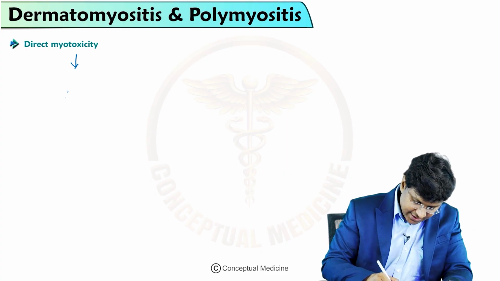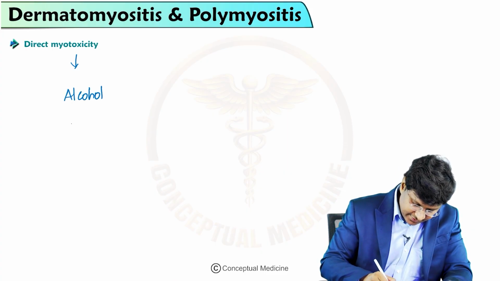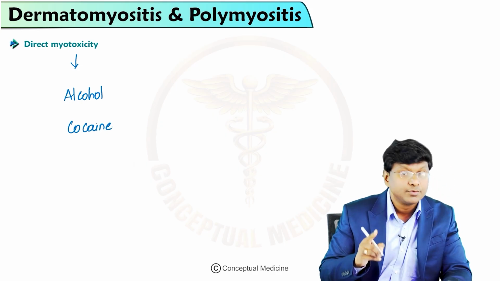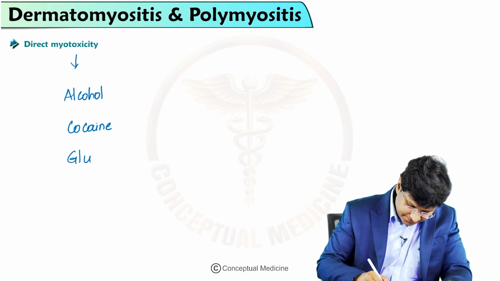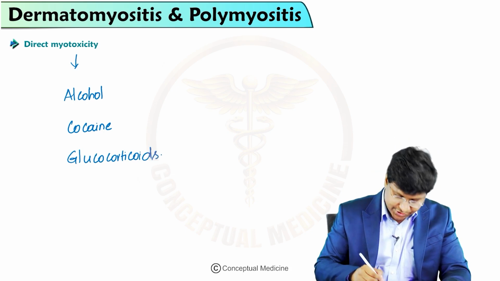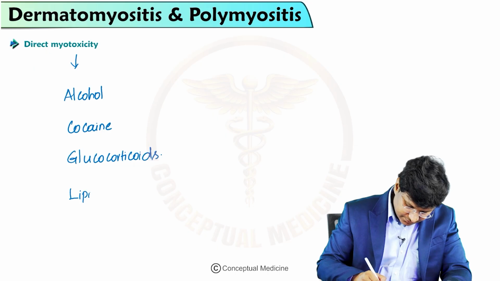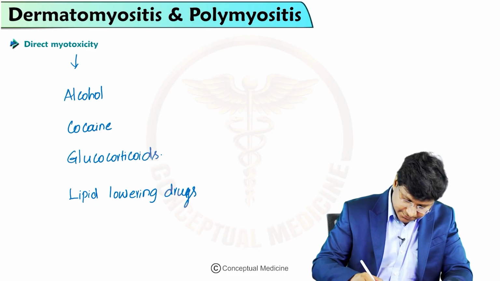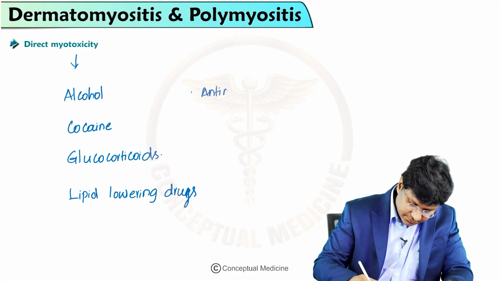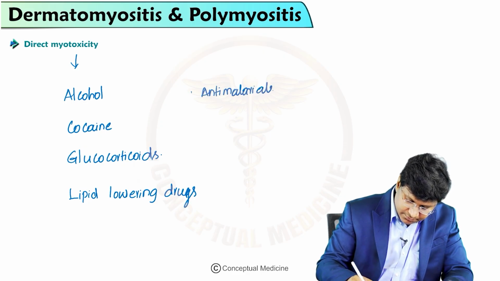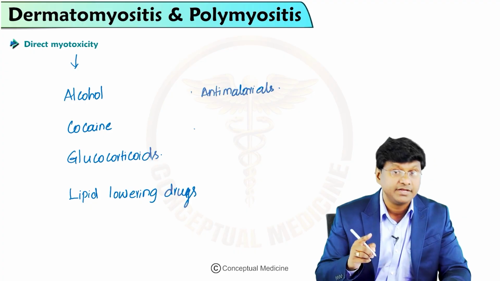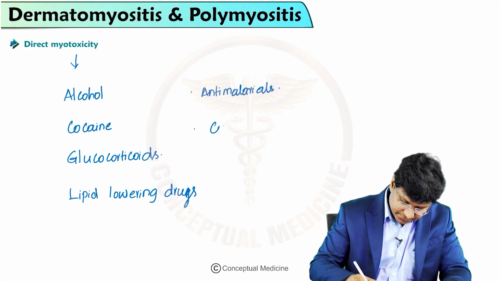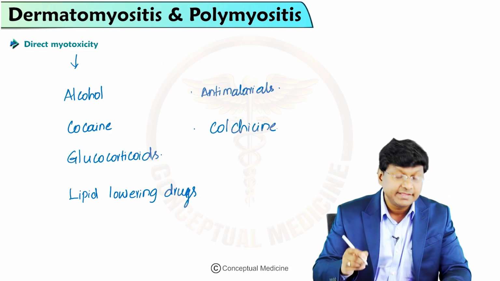The examples include alcohol, then cocaine, glucocorticoids, lipid lowering drugs, anti-malarials, then we have colchicine, right? Then we have colchicine.